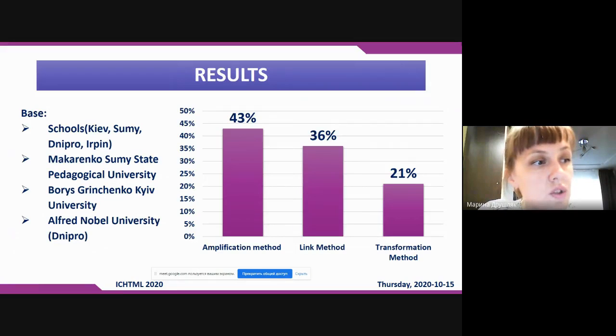The results of the survey of teachers were distributed as follows. 87% of teachers noted the feasibility of using mnemonic techniques, and their answers about the most effective of them were distributed differently.